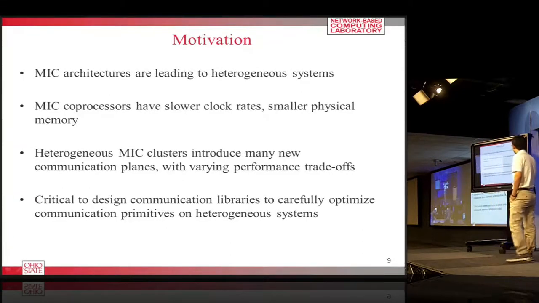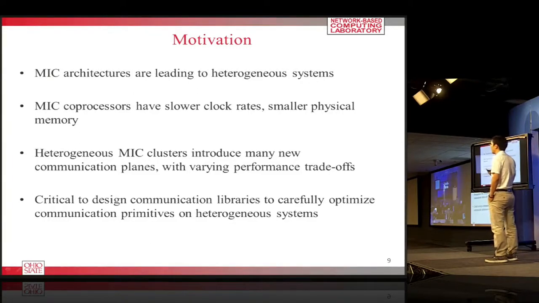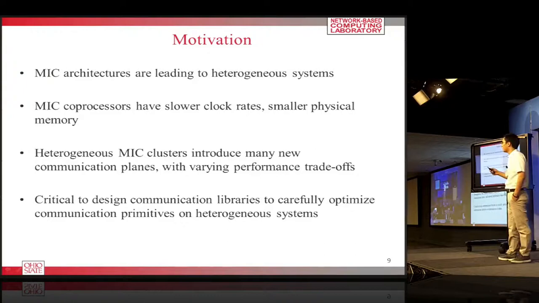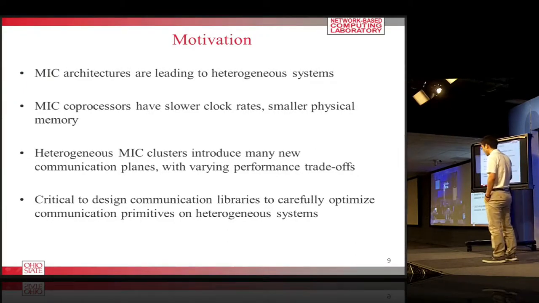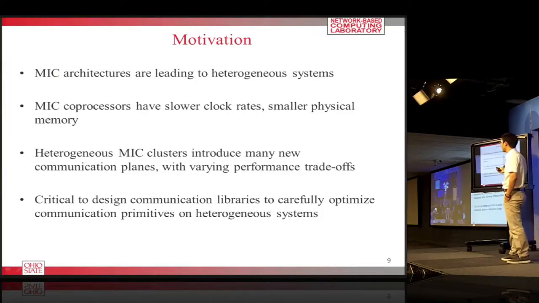The heterogeneous MIC clusters also introduce many new communication paths with different performance trade-offs. So we can see that it's critical to design communication libraries like MPI to carefully optimize the communication primitives on such heterogeneous systems.